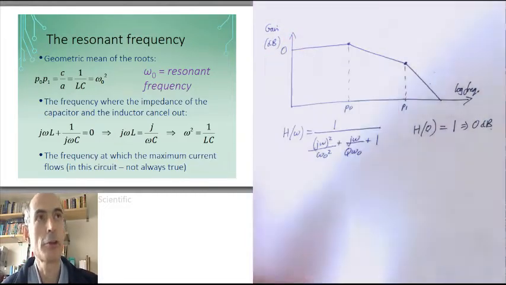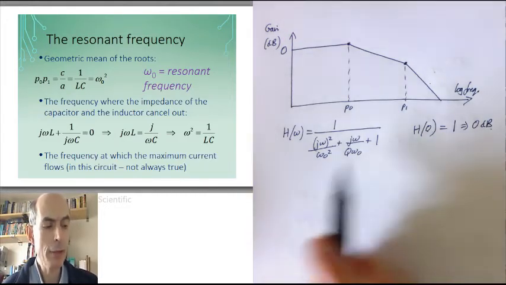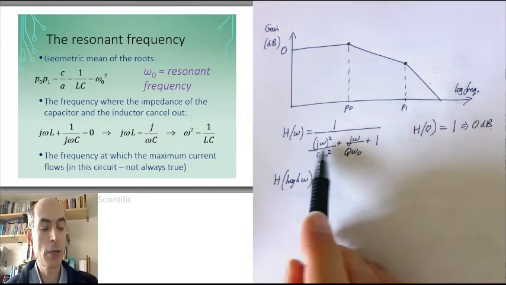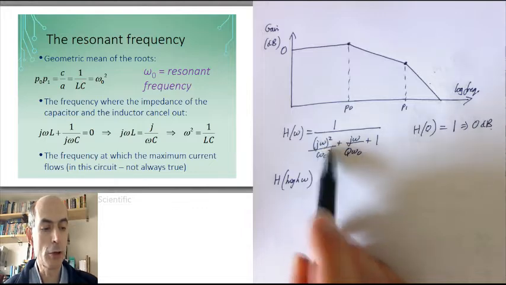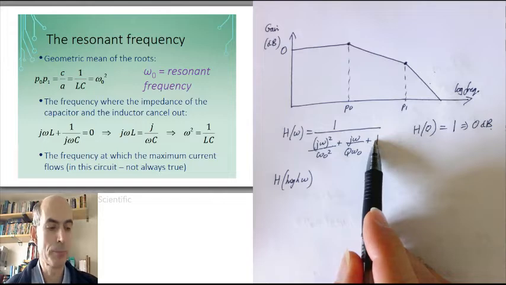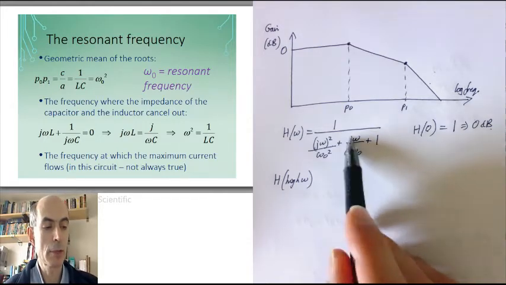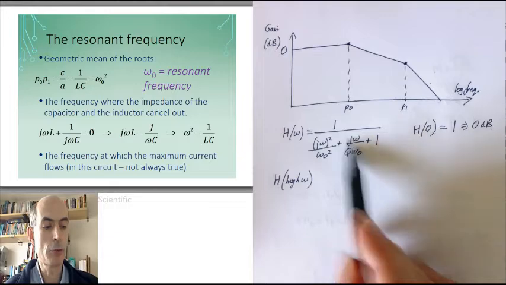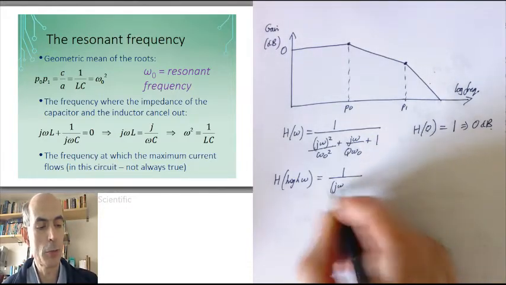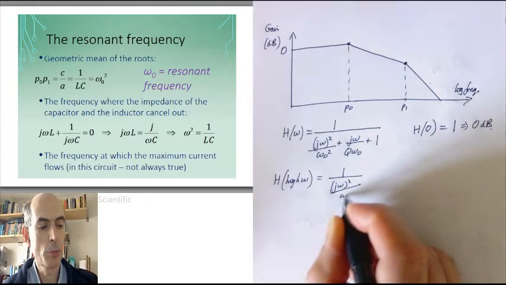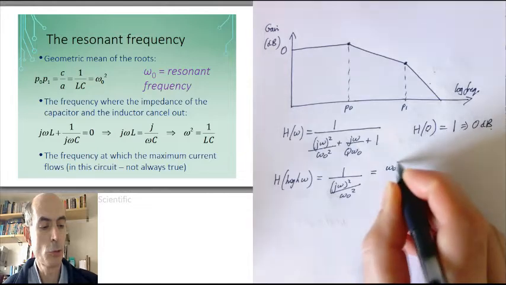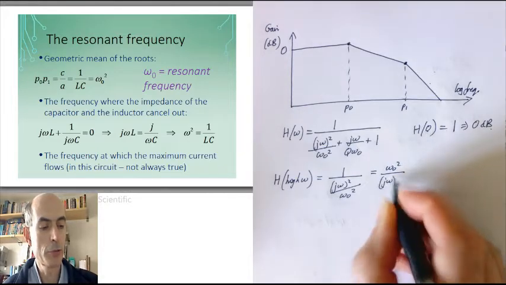So we start off at 0 there. At very high frequencies, we would have that this term here in the denominator would be so large that it would completely overwhelm the other two terms in the denominator. So we can neglect this term and this term at high frequencies and just end up with 1 over j omega squared over omega naught squared, which is omega naught squared over j omega squared.